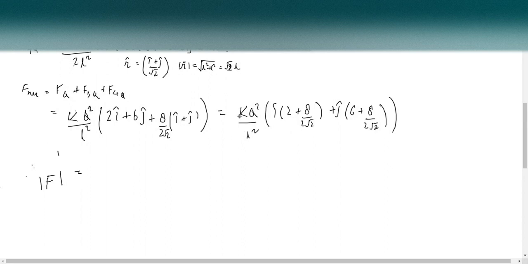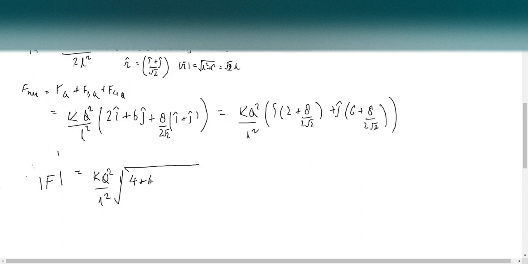Now this is already common, so we will get this expression: k q square by L square, square root of this whole square and this whole square.